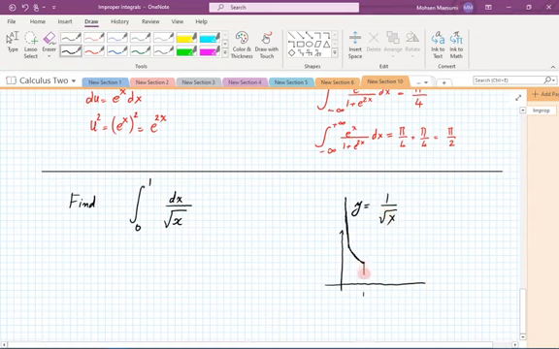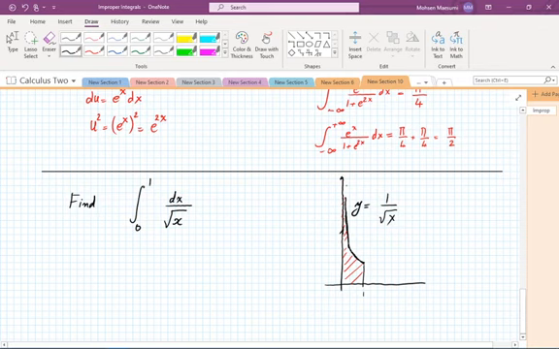What are we after? We are wondering if this area is finite, and if it is, what number? And if it is not finite, what's the reason for that? What has happened for it to become infinite? That is the major question.